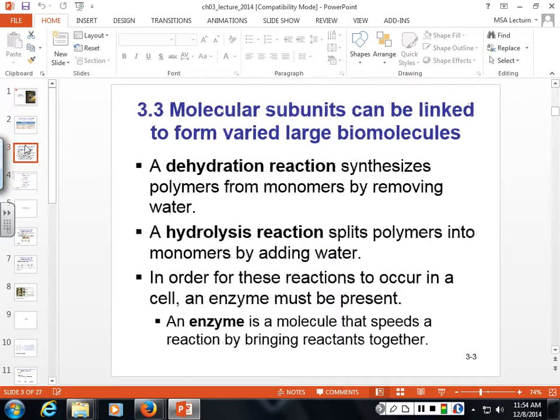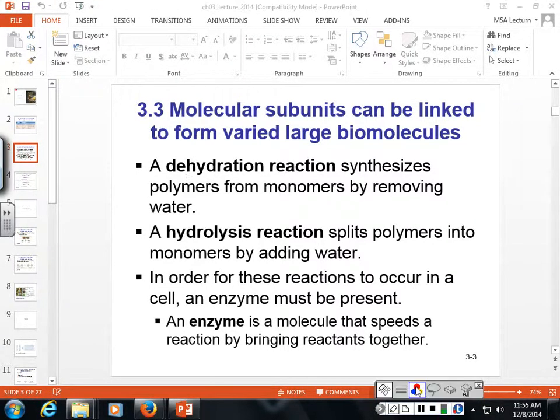In this first couple of slides, I'm showing how you can put them together and pull them apart. If you want to put 2 monomers together to make a polymer, you have to do a very specific reaction, in this case dehydration.